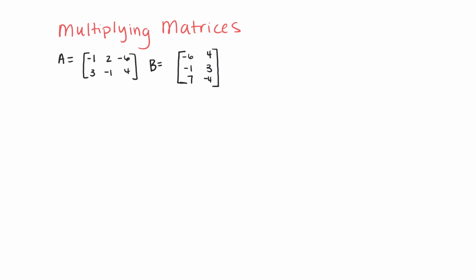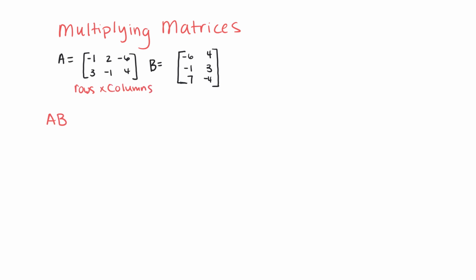The first thing you're going to need to do is check the dimensions to make sure that you can multiply them. So if I'm going to multiply A times B, I need to look at the dimensions of A, which, if you look at dimensions, you always want to do rows by columns.